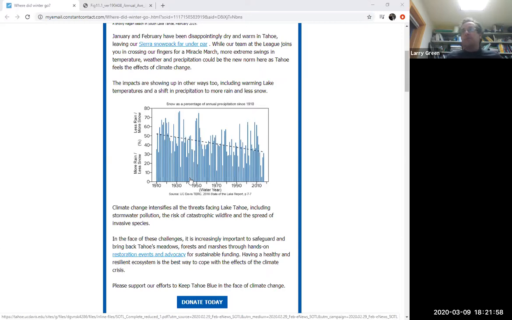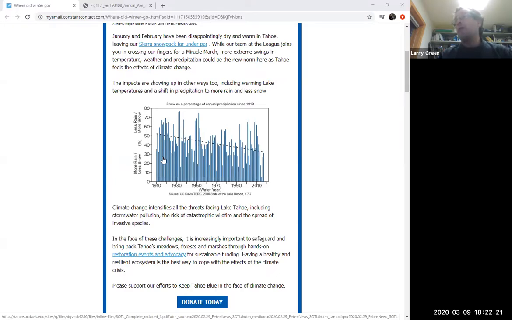So if climate change continues on, our best prediction for the percent of snow versus percent of precipitation will be 36.4%.